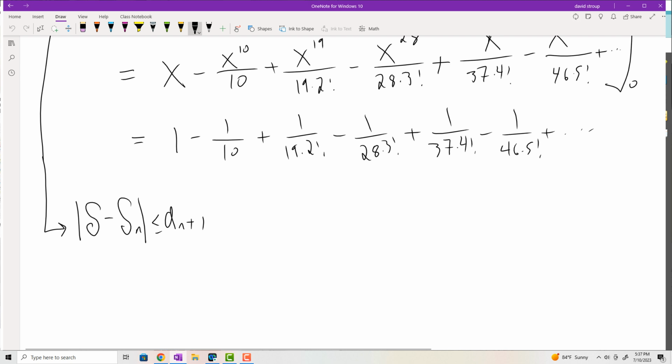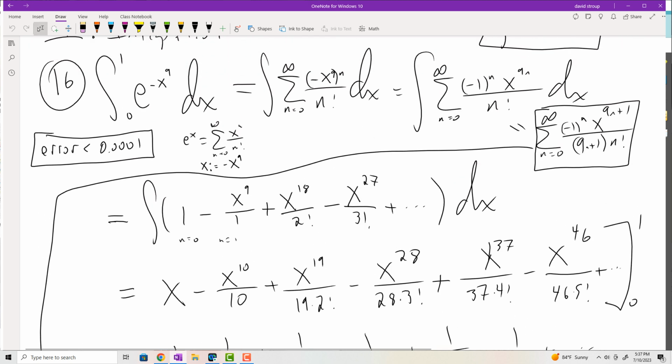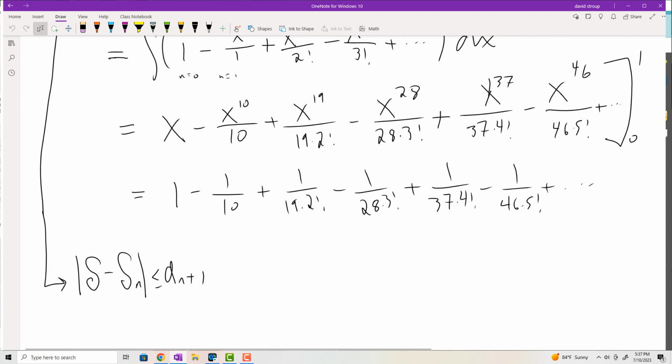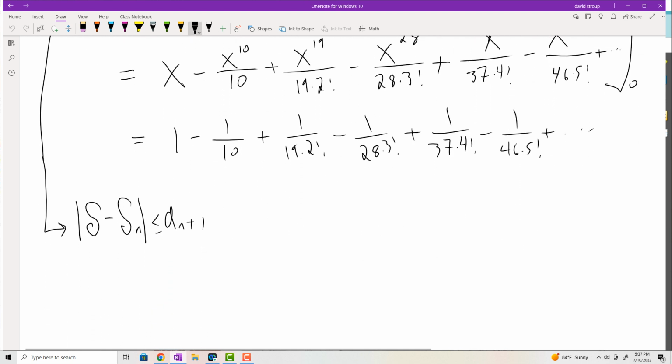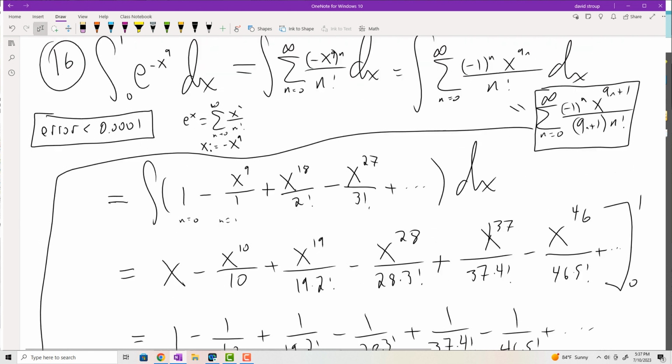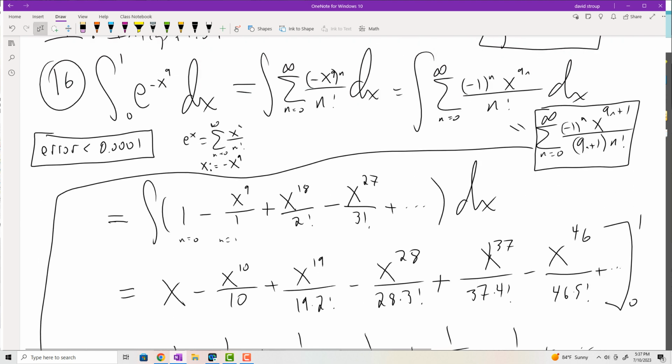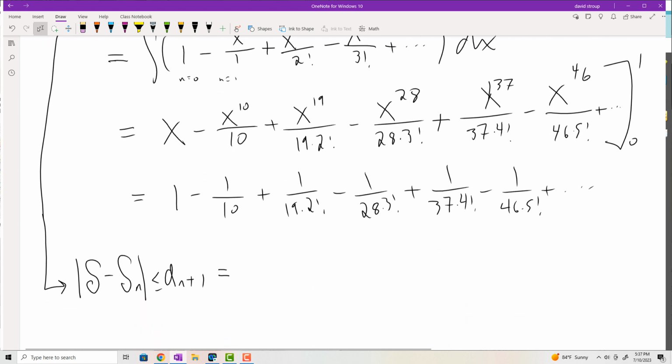So what is a sub n plus 1? Well, from this formula, a sub n plus 1 should be x to the 9n plus 10 all over 9n plus 10 times n plus 1 factorial, if you wish. Okay, so it's what? And we don't need the x part. That's just 1 to the 9n plus 1, which is just 1.